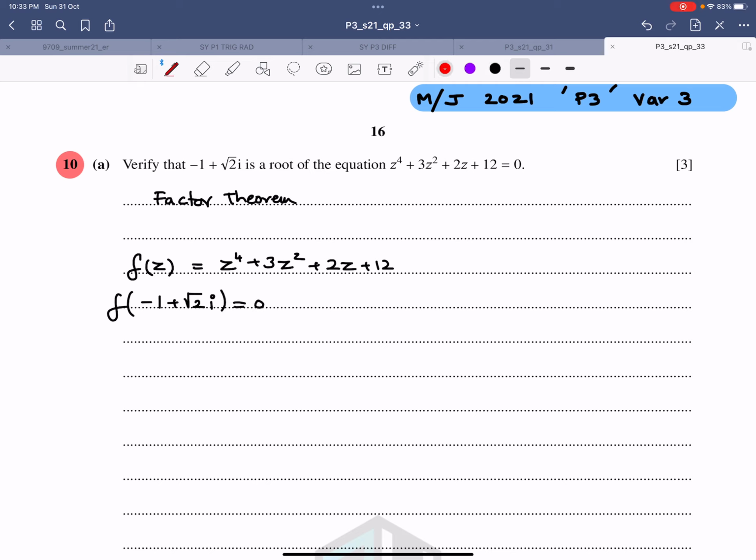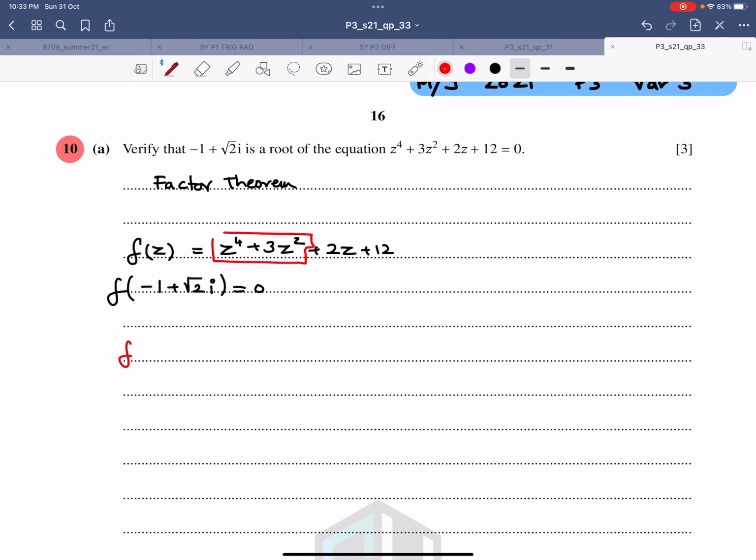First, simplify a bit, taking something common out. So f of z is z square times z square plus 3, plus 2 times z plus 12. Now let me first square this thing, minus 1 plus root 2i. If I square it, what do I get?